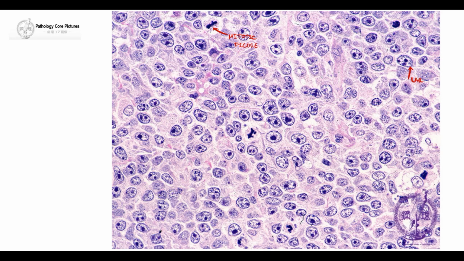Here we see large malignant B cells, and they are genuinely large. Vesicular nuclei, prominent nucleoli, abundant cytoplasm. Now look at normal lymphocytes scattered among the tumor cells. The difference in size is dramatic. The malignant cells dwarf the normal ones.